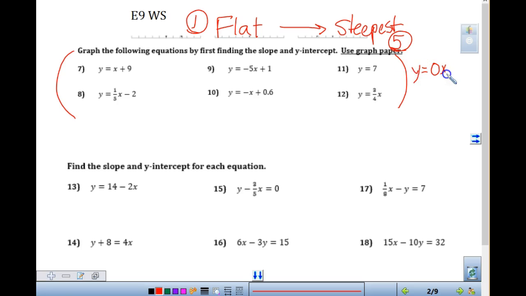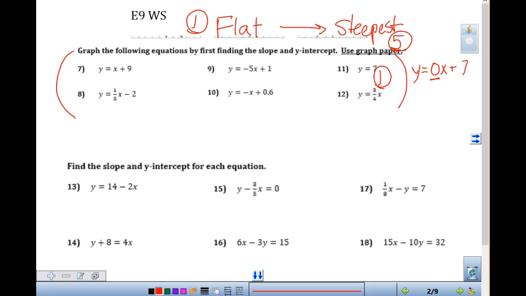It's 0x plus 7. If it's 0, that's as flat as you can get, right? I agree. Number 11 is my flattest. Because they don't write the slope as 0, but it is 0. So now you're going to go up from there. So go 2, 3. If there's 2 of the same number, do that.